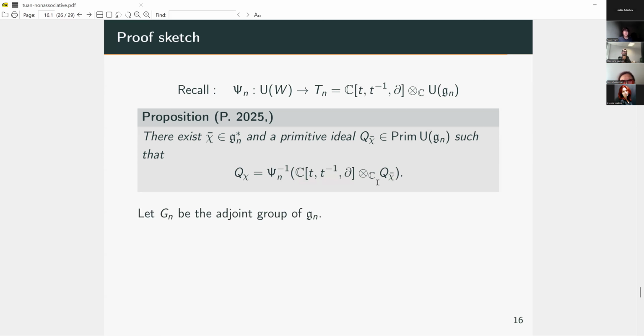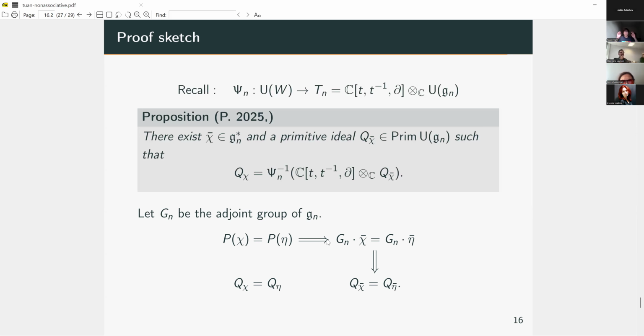So let Gn now be the adjoint algebraic group of Gn. Recall that our Gn here is a finite dimensional solvable Lie algebra, so there exists an adjoint algebraic group. Okay, so we assume Q chi equals P chi equals P eta.